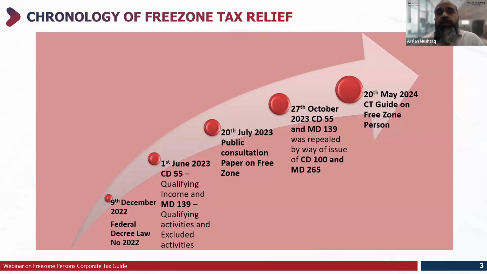And now the guide is explaining a lot of the ambiguities and a lot of things for people to have a better understanding of how the rules are actually going to be applied in practice. Hopefully by the end of this webinar, you will have a better idea of what the free zone guide is covering. So Rahul, can you go to the next slide?